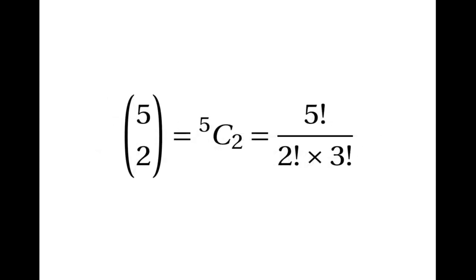For example, it means that 5 choose 2, the number of ways of getting 2 successes out of 5, is 5 factorial over 2 factorial times 3 factorial. I'll show you how to calculate this. 5 factorial means 5 times 4 times 3 times 2 times 1. 2 factorial means 2 times 1.